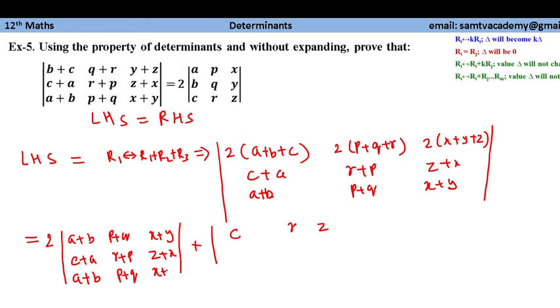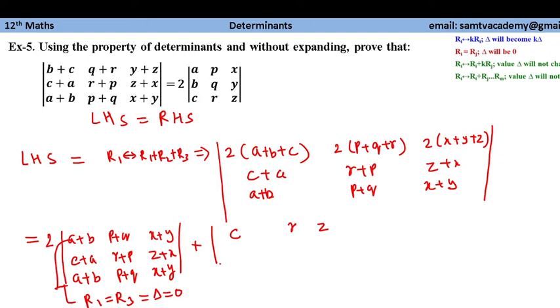So from here we see that row 1 is equal to row 3. So this determinant will be 0. So it is excluded. Now we are left with this one only. What is it?